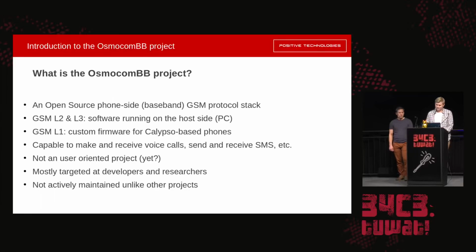The baseband processor is typically running some proprietary firmware, and like many other people, we don't trust this firmware. So the main idea of the Osmocom BB project is to provide an open source implementation of the phone-side stack of GSM.